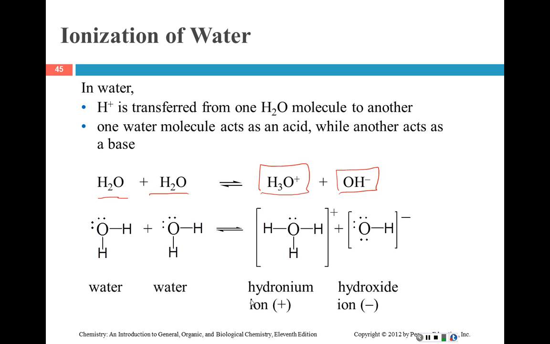They've just drawn them out with the Lewis structure so you can see what that looks like here. It's interesting because in how water reacts, one water is a base and one is an acid, because one accepts and one donates.